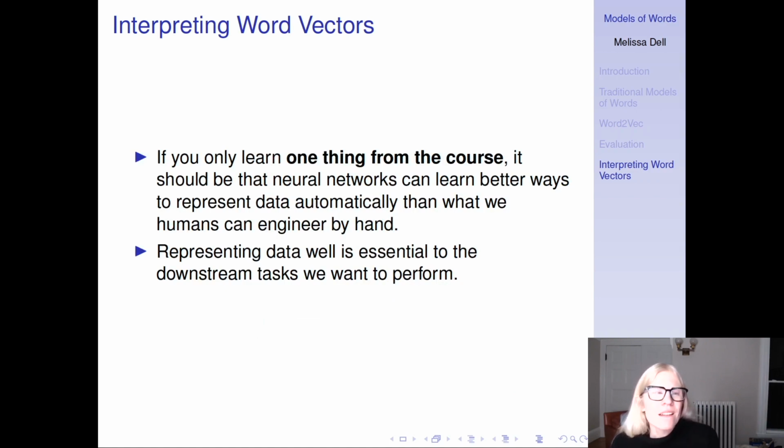I think I already said in the last video, if you learn only one thing from this course, okay, so I'll say if you learn only 2 things from this course, a second thing that I would like you to learn is that neural networks can learn better ways to represent data than what humans can engineer by hand. And that theme should become abundantly clear. Representing data well is essential to downstream tasks that we want to perform.